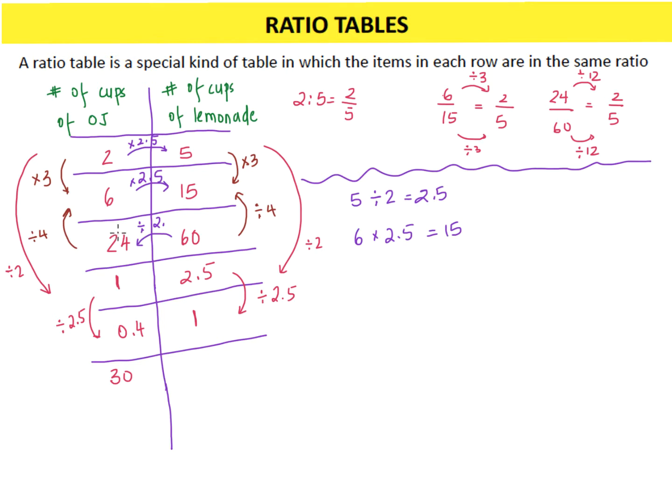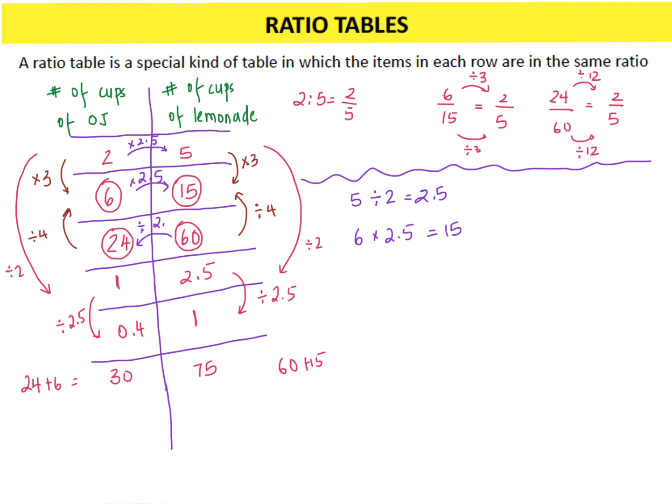I could just add 24 plus 6 equals 30. So I'm basically adding this and I'm adding this. Now on the other side, what I'm adding is 60 and 15. So I'm adding 60 plus 15, and so for 30 cups of OJ, I need 75 cups of lemonade.